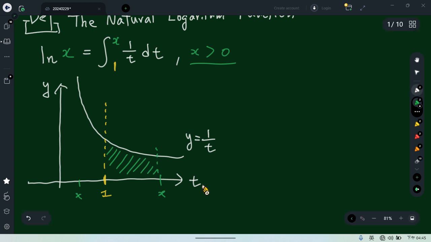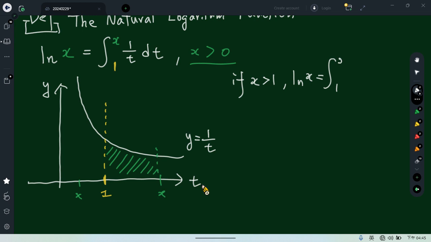So if x is larger than 1, then ln x is equal to the integral from 1 to x of 1 over t dt. Should it be positive or negative? If x is larger than 1, positive, right? It's quite obvious.